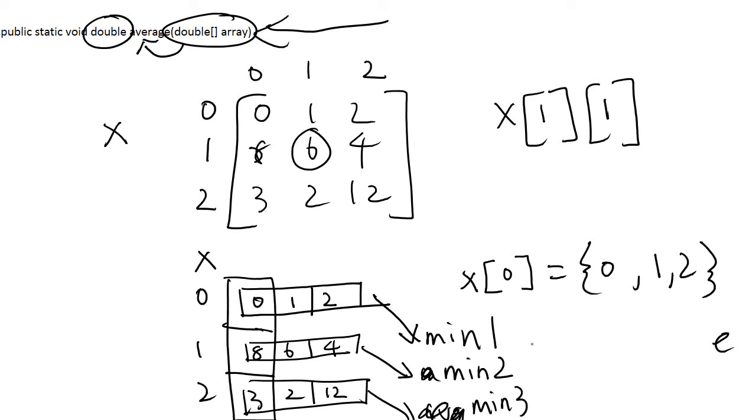And then you could compare these, and the smallest of those three would be min final. Okay, so that's how you get the min final based on having a smaller method that checks the minimum for each row. Okay? And that's pretty much how you could use it.